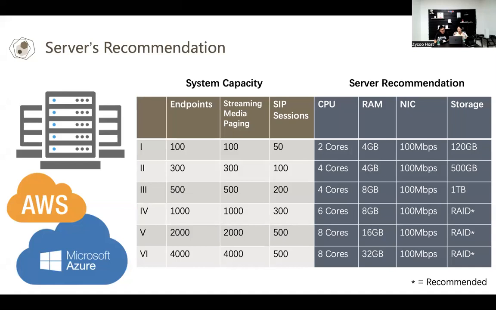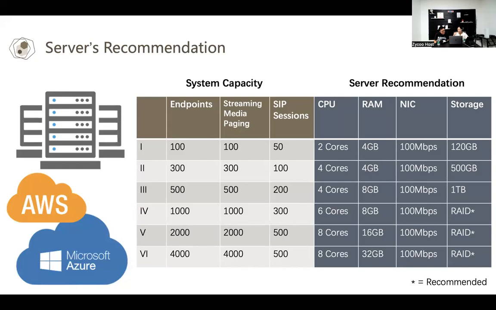If you have a huge project with a lot of devices, such as 1,000 endpoints, you will more than likely need a server with higher capacity, such as 6 cores, 8 GB RAM, etc. That is the server recommendation table for your reference.